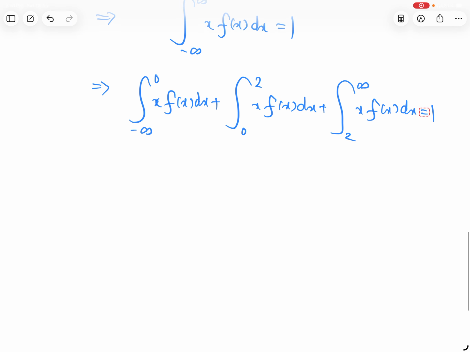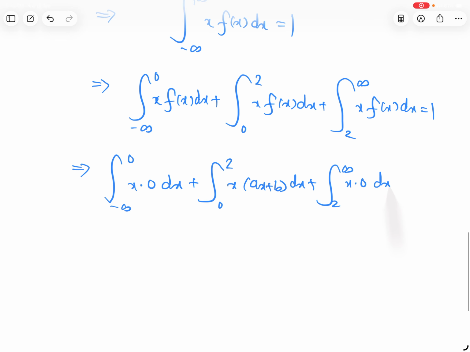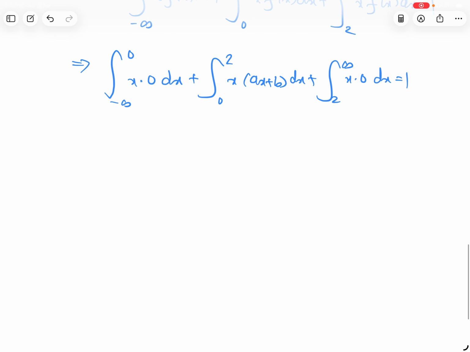Here f(x) is 0 outside, so x into 0 dx, plus 0 to 2 of x(ax + b) dx, plus 2 to infinity of x into 0 dx, is equal to 1. So this is 0, this is the integral from 0 to 2 of (ax² + bx) dx, and this is 0 again. So what is this integral?